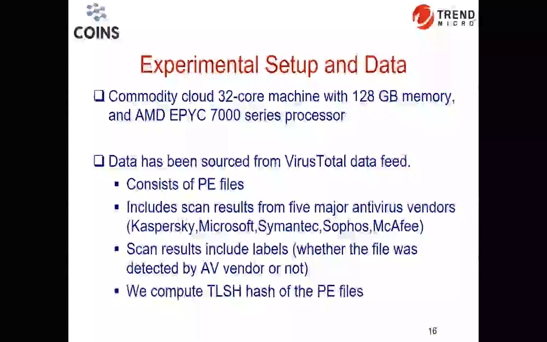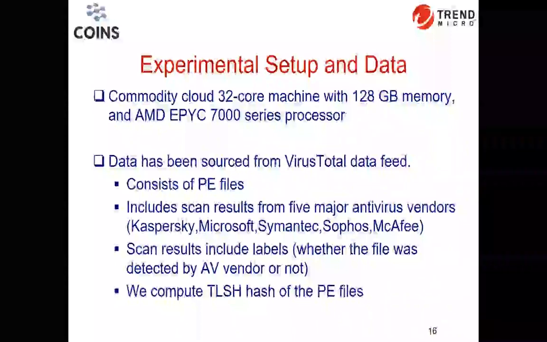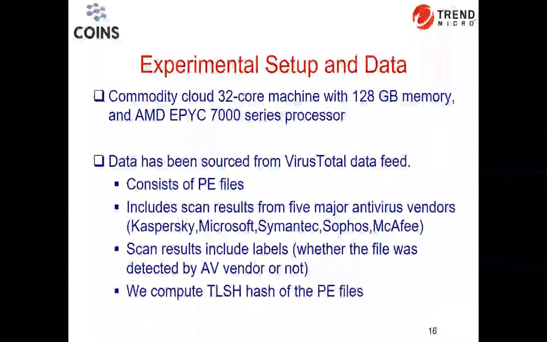Hi, so my name is Makit Ali, and I will be talking more about the experimental evaluation and the results. So firstly, more about our experimental setup. We used a 32-core machine that had 128 GB of memory with an AMD processor.